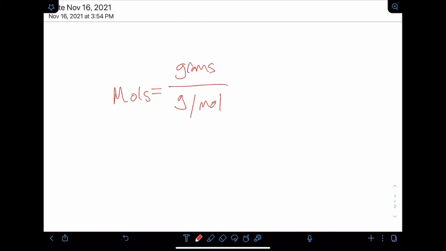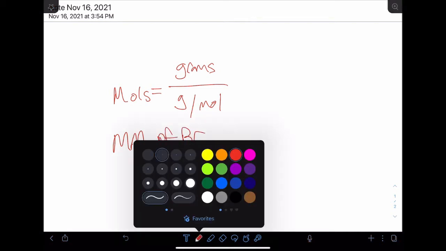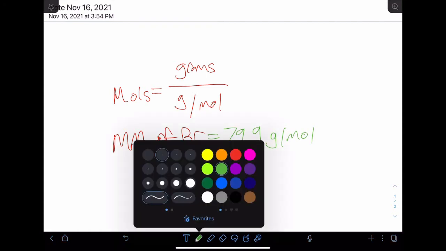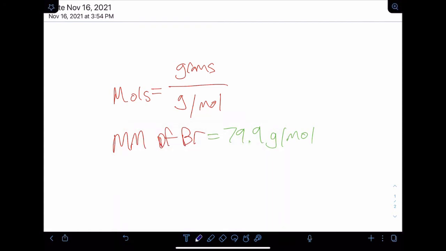So for an example, we're going to use bromine. The molar mass of bromine is 79.9 grams per mole. And let's say 100 grams of bromine.